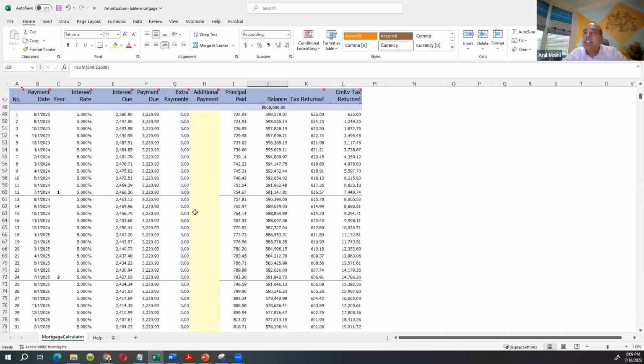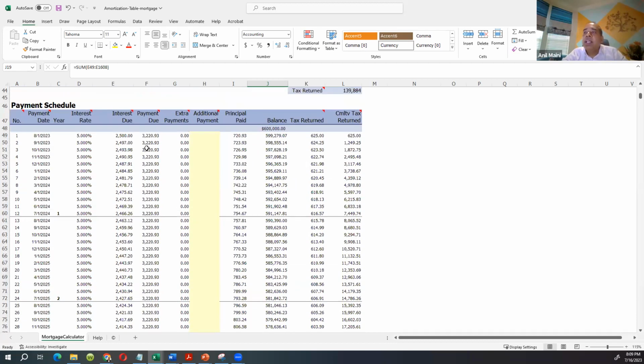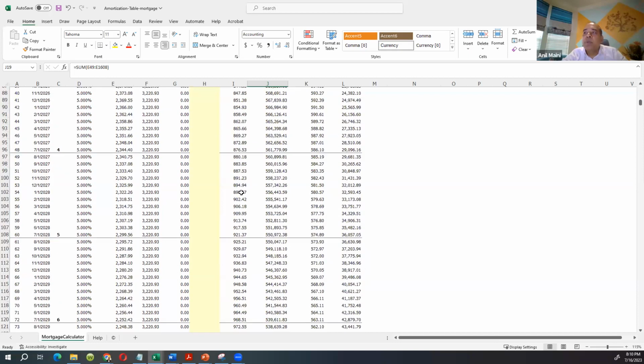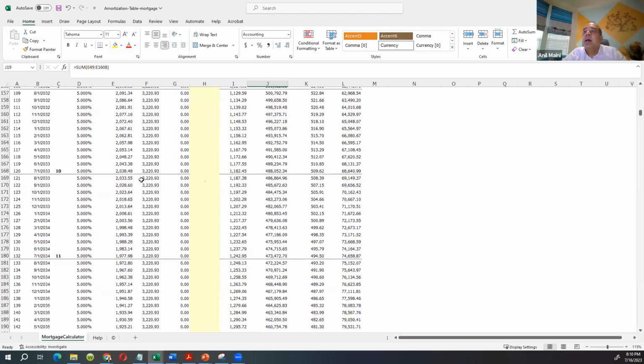And this is the amortization table. Here it is showing that initially, out of the monthly payment of 3,200, 2,500 is going towards the interest. Only 720 goes towards the principal. But as your principal is paid off, let's say in year 10, more money will go towards the principal: 1,100 will go towards principal, 2,000 towards interest.